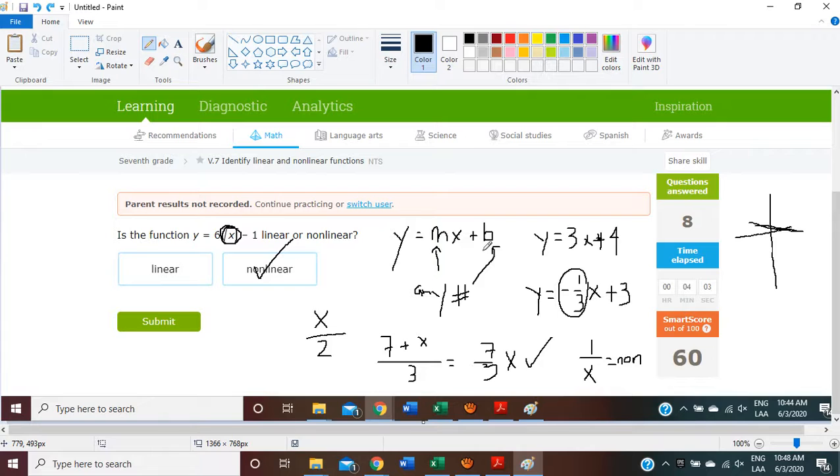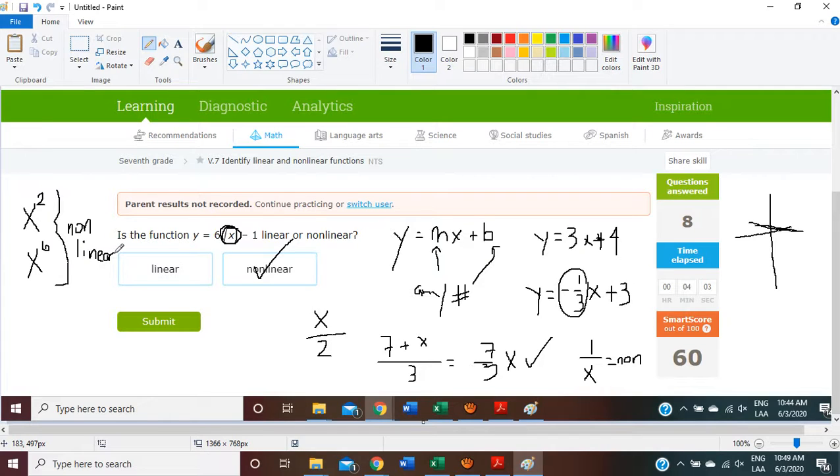So if you see something like this, the x actually has an exponent of 1. Okay, so if you see any equation that has an exponent, for example x raised to the power of 2, or x raised to the power of 6, these things are non-linear functions. So if you see an exponent, it means that it is a non-linear function.